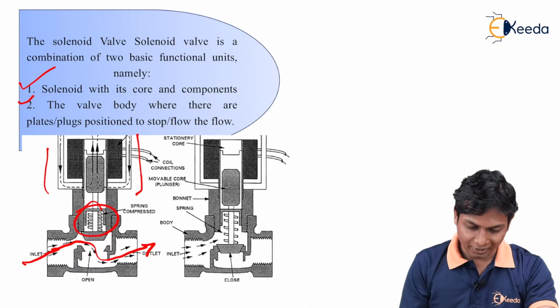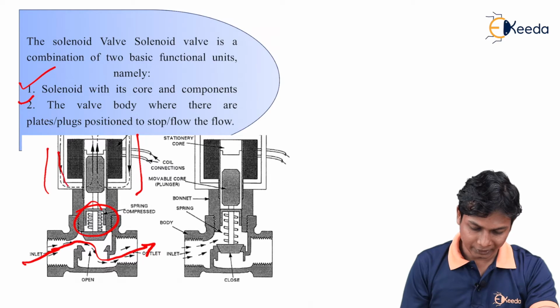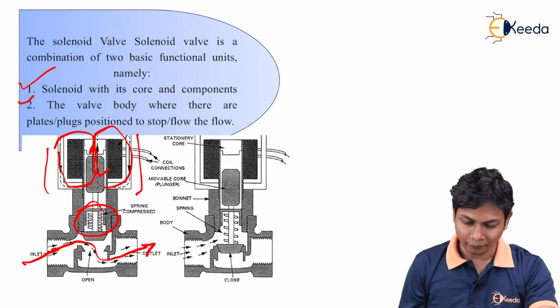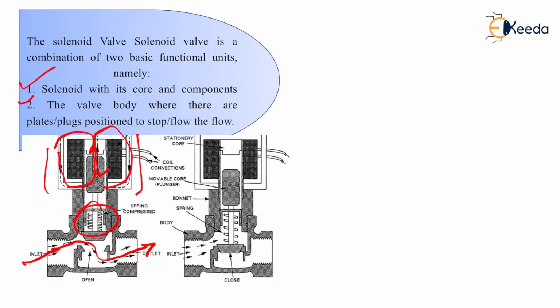So when the liquid flows through the solenoid this way, it goes on circling the same way, and this is when the spring is actuated and this is when the spring is not actuated.